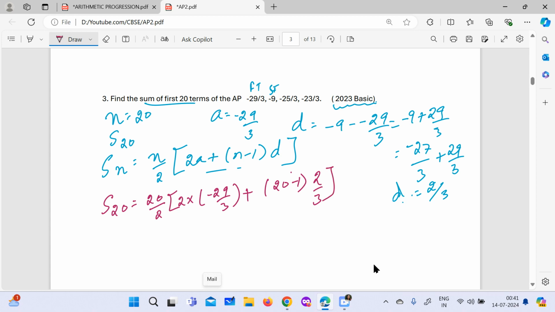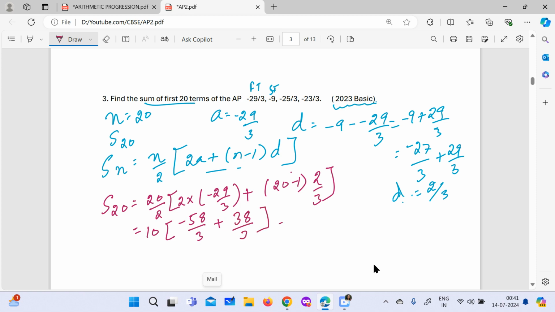So we can do this now. 10, and you get here minus 58 over 3 plus 20 minus 1 is 19, and 19 into 2 will give you 38 over 3.